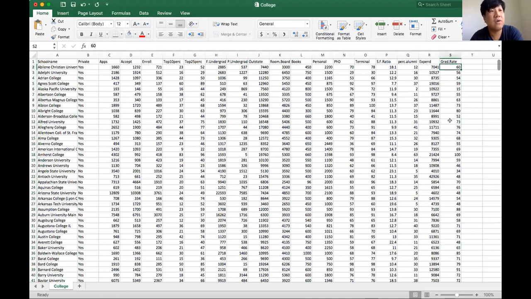As the graduation rate is higher, that means students are finishing their degree within a certain time, like 4 or 6 years, and they go and find a job. But a lower graduation rate means students cannot graduate, so they're not going to have any degree. So this is an important factor I want you guys to analyze.